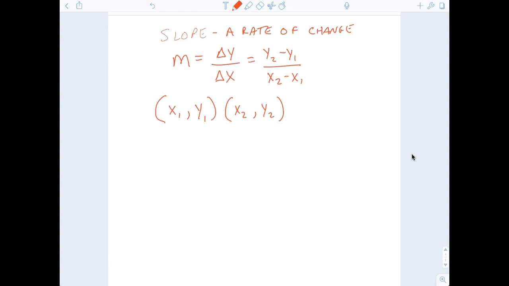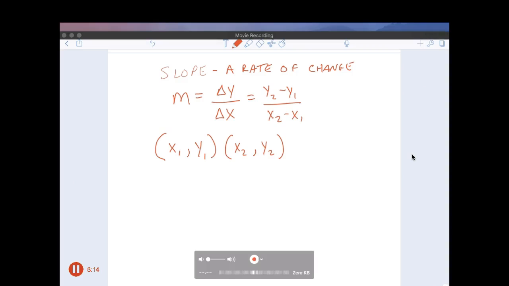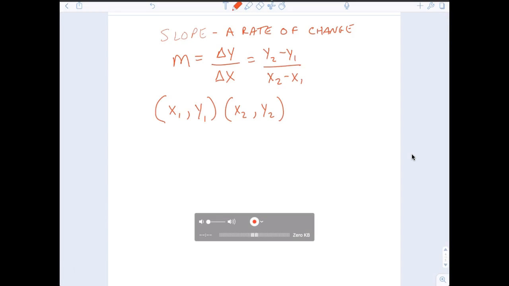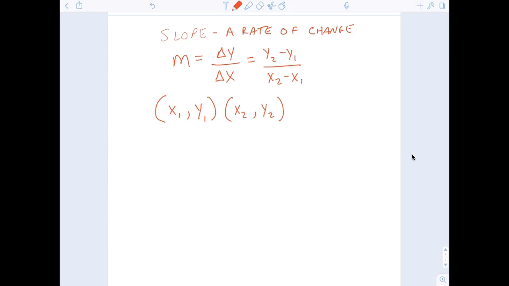You need how many points? 2. All right? Now, in a couple years, when you're sitting in your calculus class, I will show you how you can take a slope given 1 point. But right now, the slope is always an average rate of change. An average rate of change.